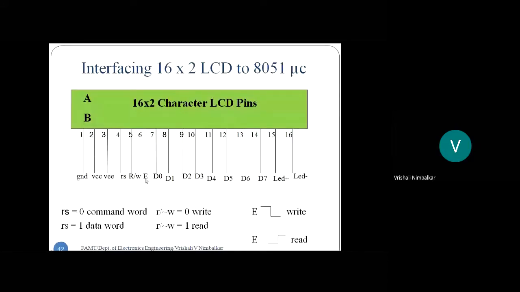So if I want to display the letter U, the ASCII code for letter U is 55 hex. That's in hexadecimal; you have the value in decimal also. So if we want to see letter U, 55 hex is to be sent on the data lines. If I want to display 9, 39 hex is to be sent on the LCD.